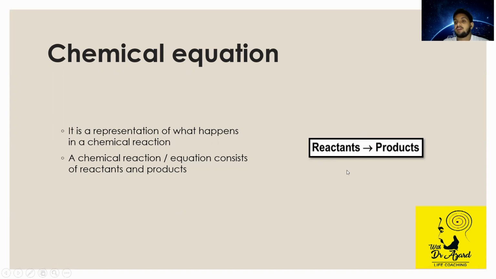The reactants are the ones that are taking part in the reaction. Those two substances or elements will react with each other and produce another product. That new result is called the products.